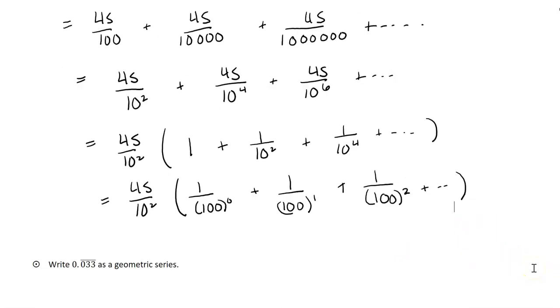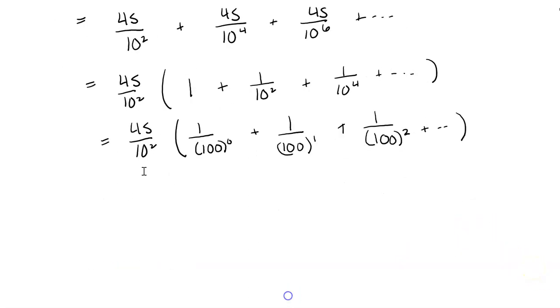So I could write this as a geometric sequence. And we could write it as 45 over 100 times the sum from n equals 0 to infinity of 1 over 100 to the nth power. And you could put the 45 over 100 on the outside or on the inside.